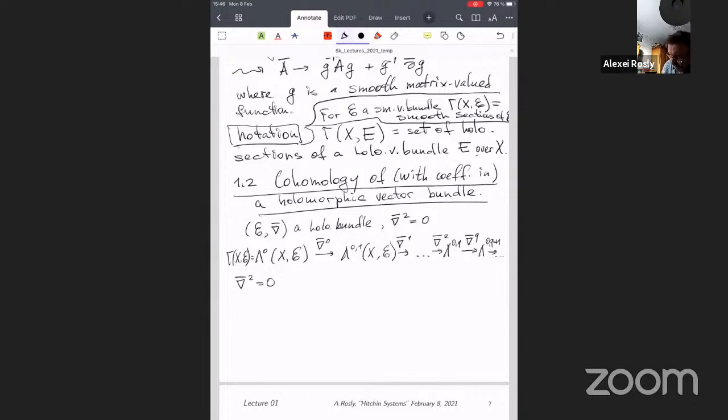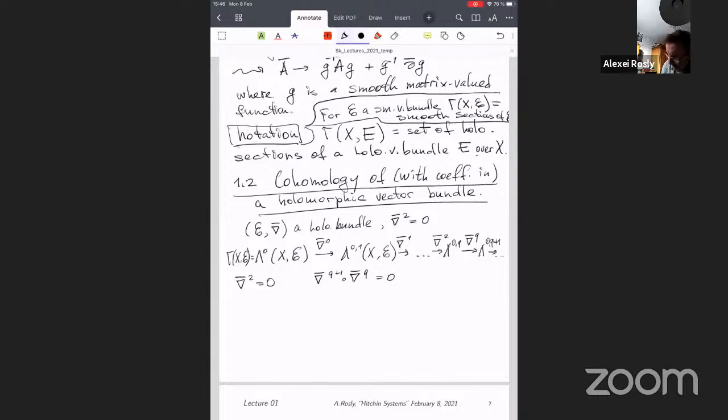What we write as a whole thing in components looks like this: nabla bar with label q+1 times nabla bar with label q equals 0.